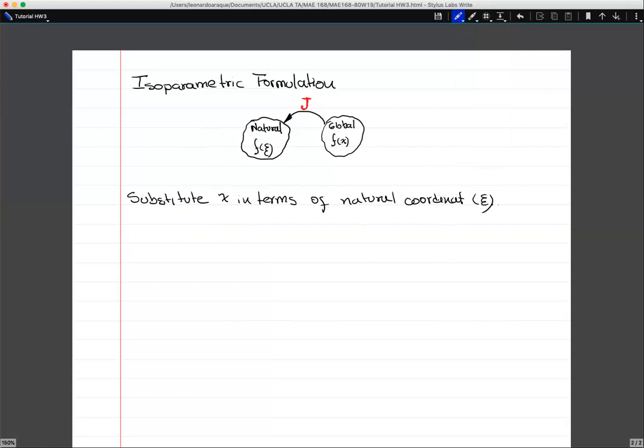If we achieve this goal, we can just go back to the formulation of the weak form for each element and make the corresponding substitutions. Okay? So the beauty of the isoparametric formulation is related with the fact that we can use the shape functions in all our expressions.